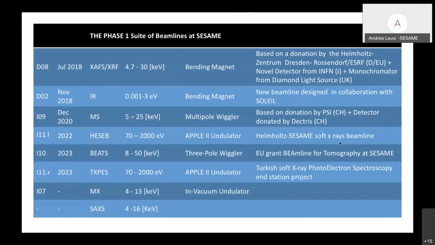This is the suite of beamlines which are or will be soon available at SESAME. The first 3 are there in place and working. So we have an XFS beamline. You can use hard X-rays, atomic structure of materials without the need of a crystalline structure in between.